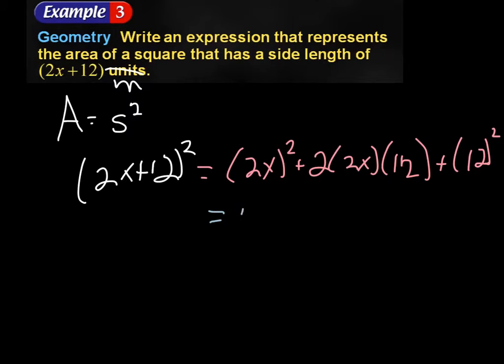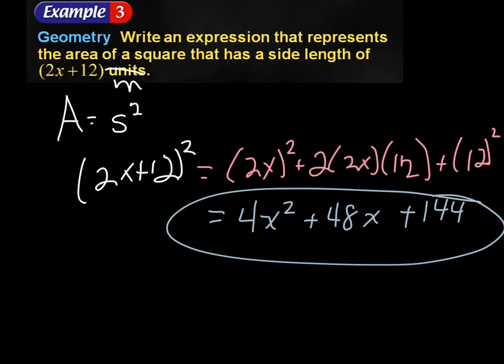So first term squared is going to be 4x squared plus 48x plus 144. And we're done. Other than, I called it meters, so area is going to be meters squared.